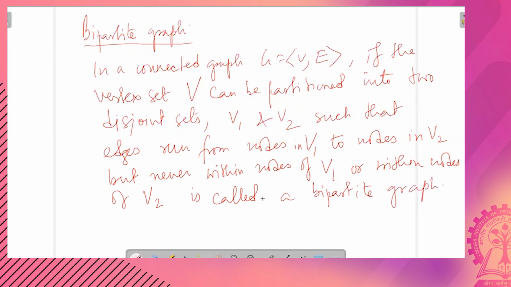So as if the graph is creating a bipartition, a partition of the nodes into two different sets, such that the edges only run between these two sets but never within the individual sets. An example of a bipartite graph could be like this.